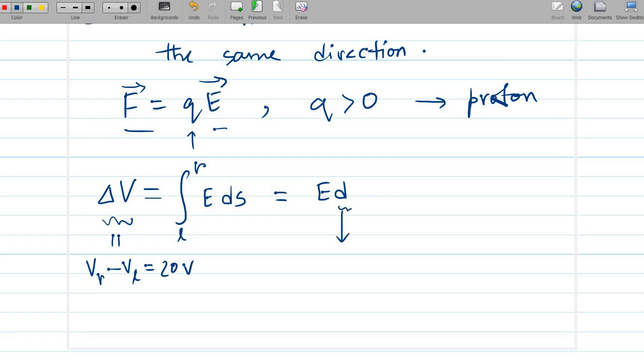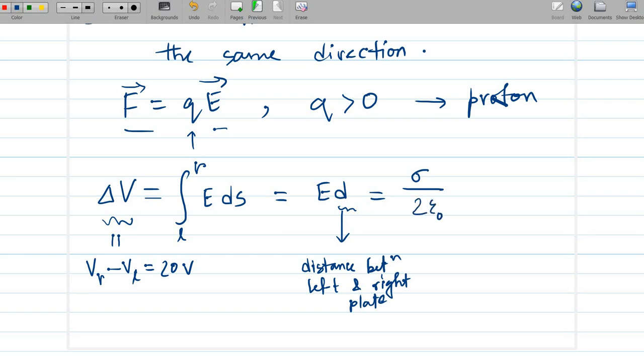So D is the distance between the left and right plate, and that is going to be, so E, we know E equals sigma divided by 2 epsilon naught.